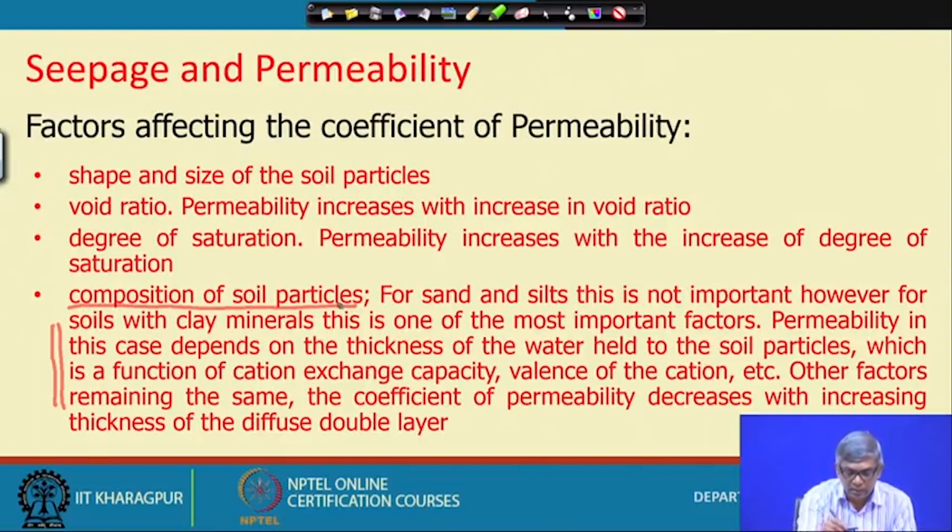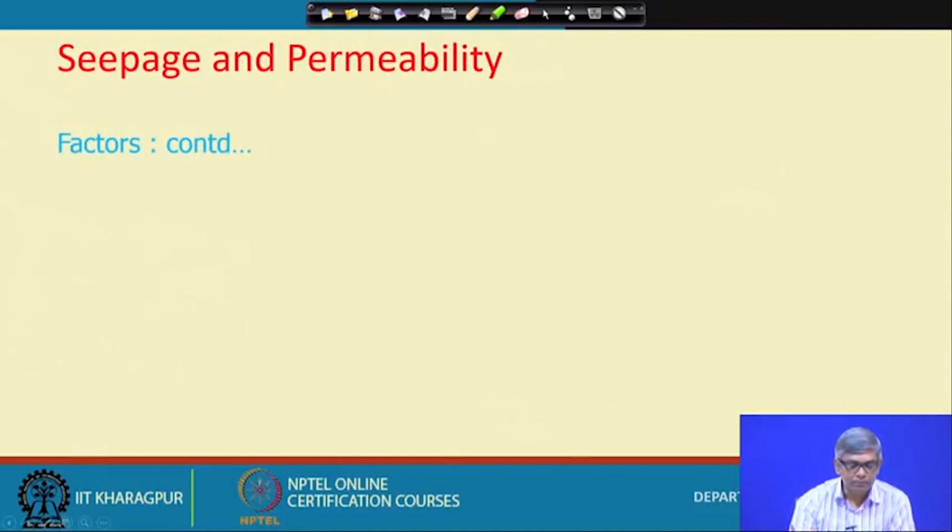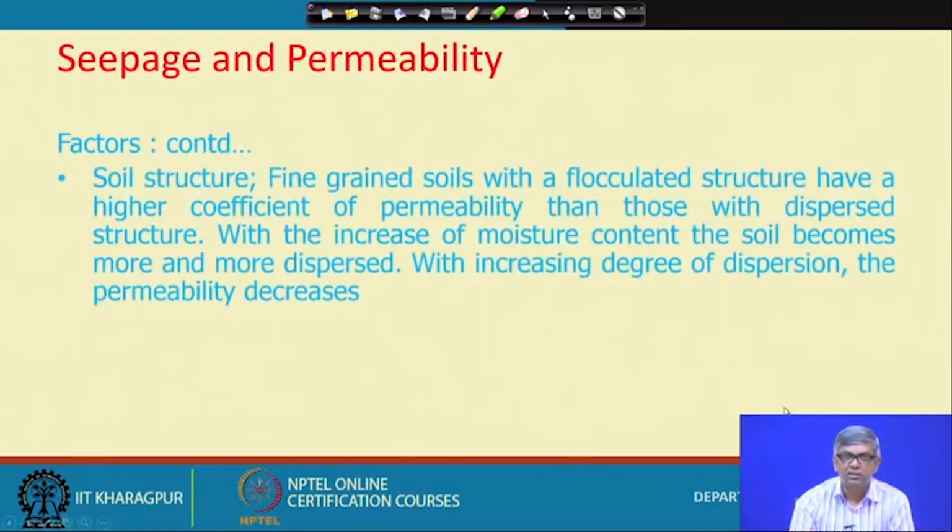Okay. And next, there are some more points you can see here, that is soil structure. Fine grained soil with a flocculated structure has a higher coefficient of permeability than those with a dispersed structure.